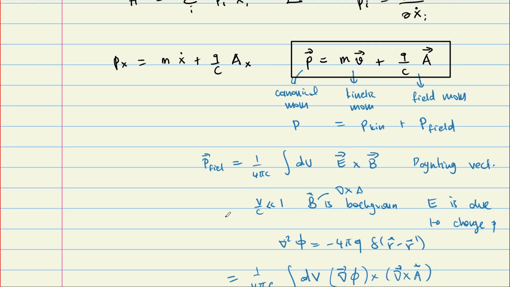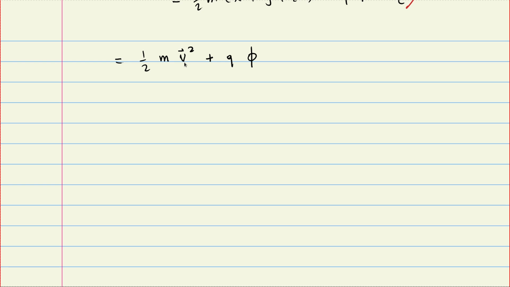But from this field momentum, we want to write it in terms of the total canonical momentum. So this is the kinetic momentum. Using this, we have v is equal to 1 over m times P minus q over c A. So I'm using this to derive this.